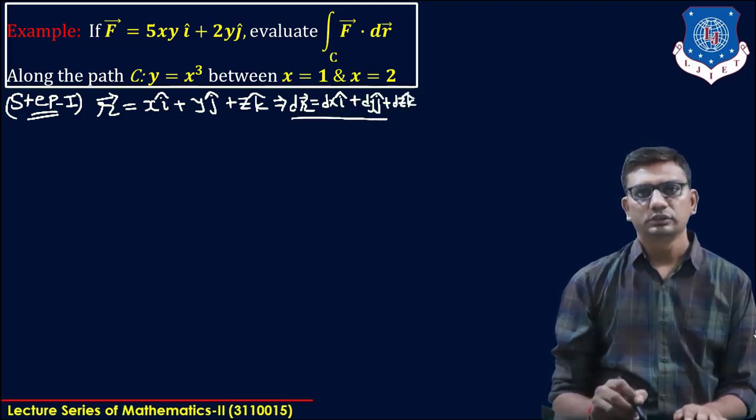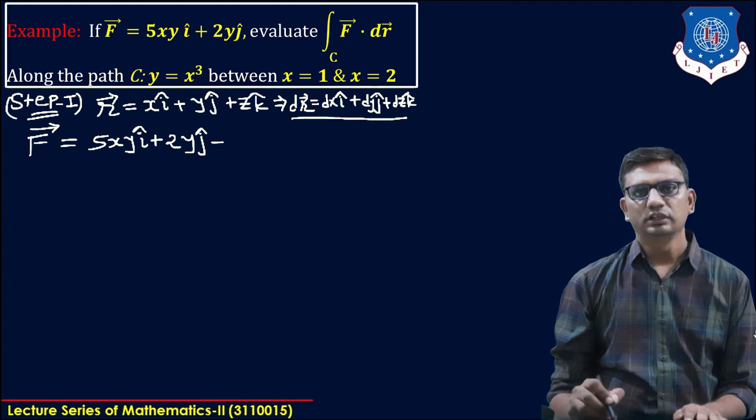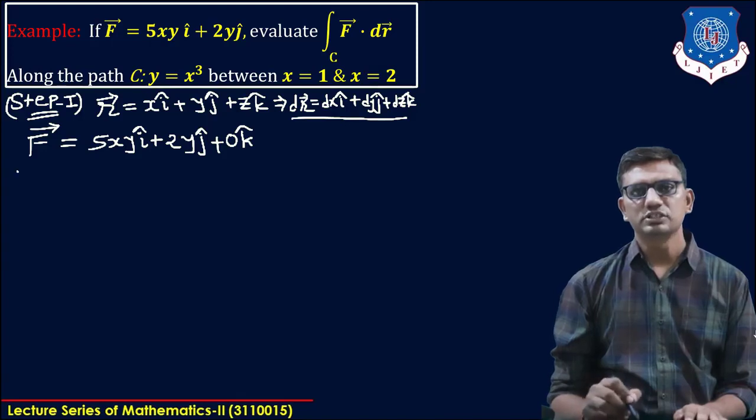Now f bar is equal to 5xy i caret plus 2y j caret plus 0 k caret, because k caret is not given, so we are taking 0.